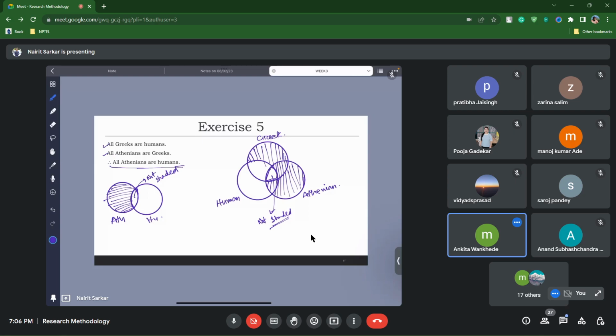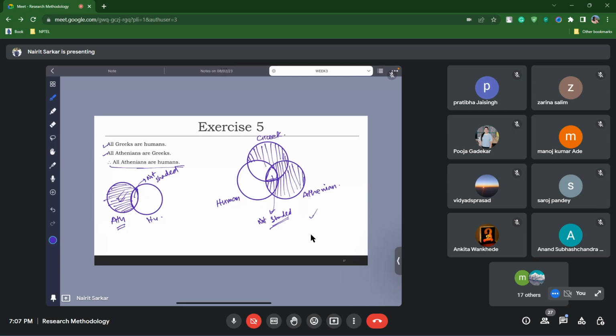It should be valid, right? Because as you can see, the entire Athenian section which is not human is shaded, and the area between Athenian and human is not shaded.